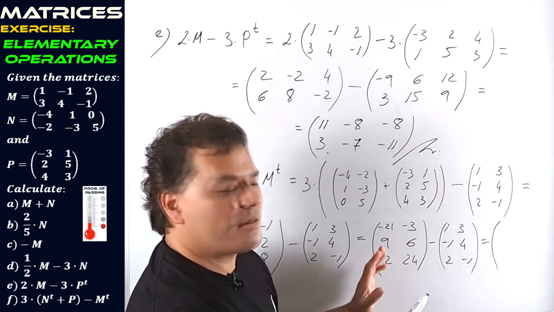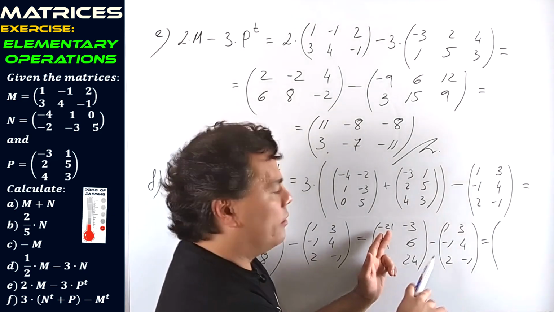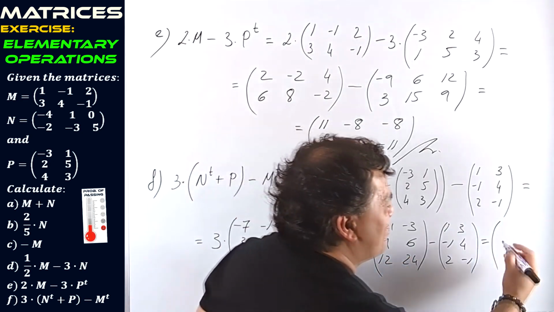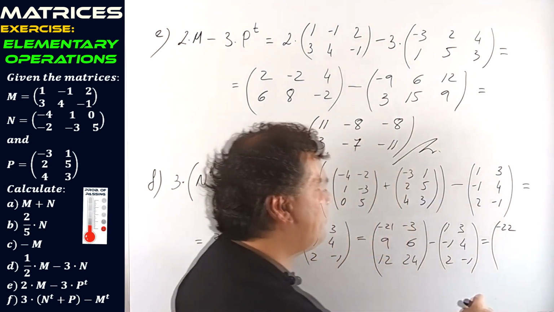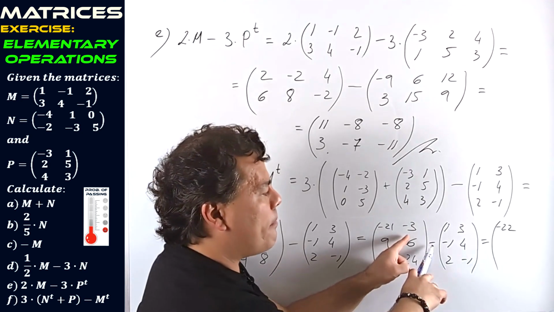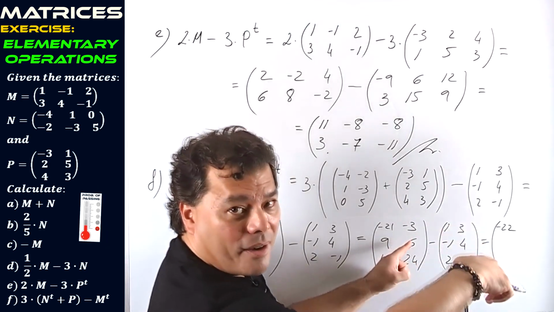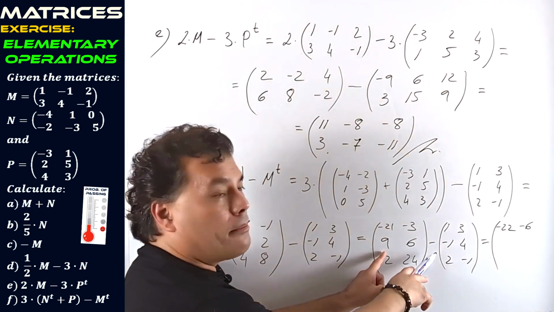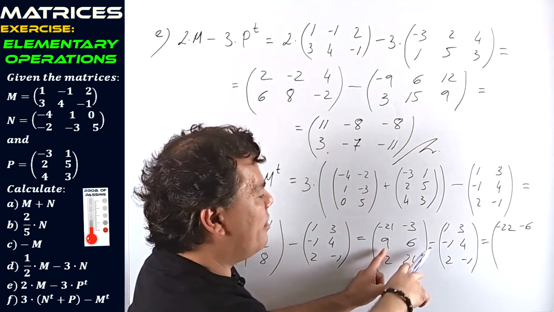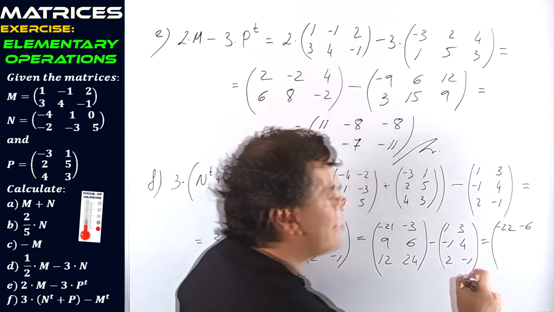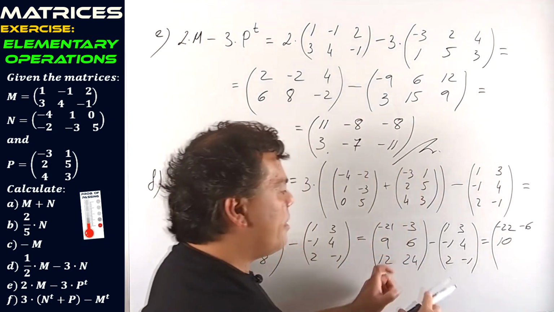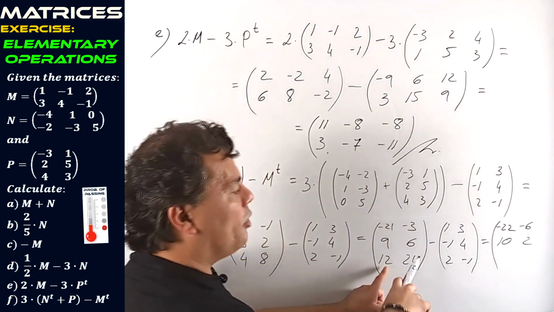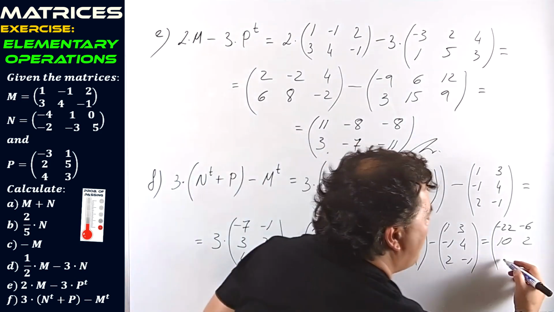Be careful with the signs. Negative 21 minus 1 is negative 22. Negative 3 minus 3 is negative 6. 9 minus 1 is 9 plus 1, that is 10. 6 minus 4 is 2. 12 minus 2 is 10.